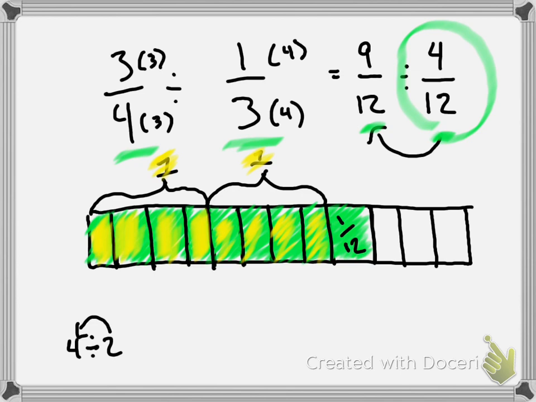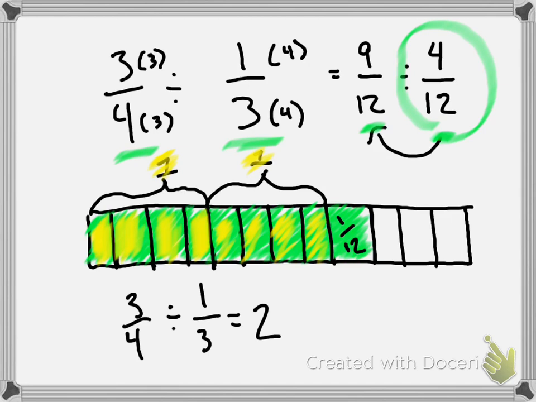So in other words, we can say, come back down here, erase my example, write our original equation back out. 3/4 divided by 1/3 is going to equal 2, and we have 1/12 left over.